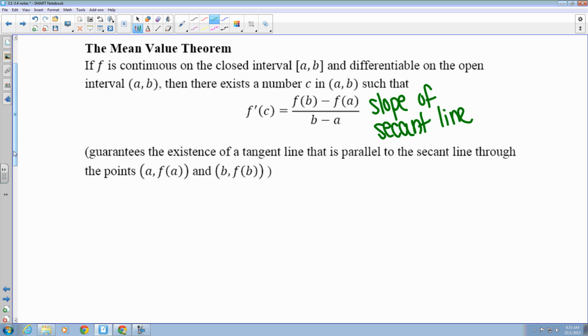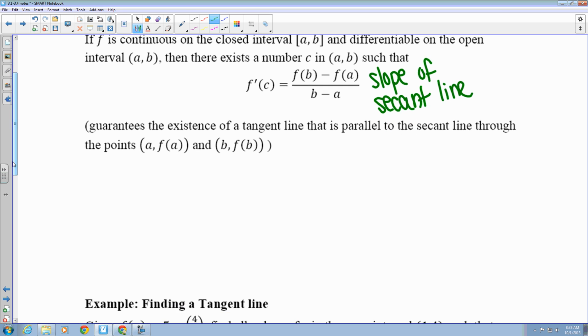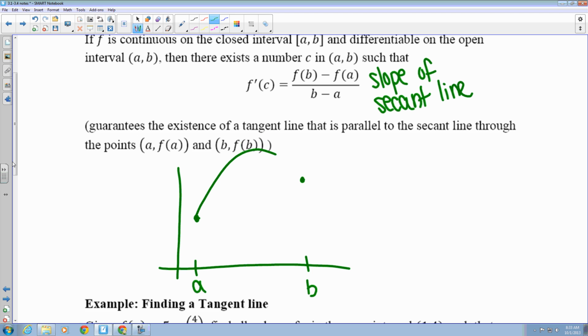Which we explained, it guarantees the existence of a tangent line that is parallel to the slope of the secant line through our points a, f(a), and b, f(b). So an illustration of this, we have a and b. Let's say our function goes something like that. There's our secant line.